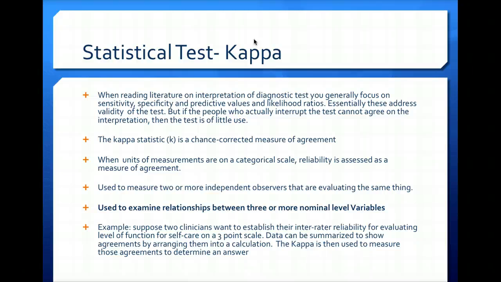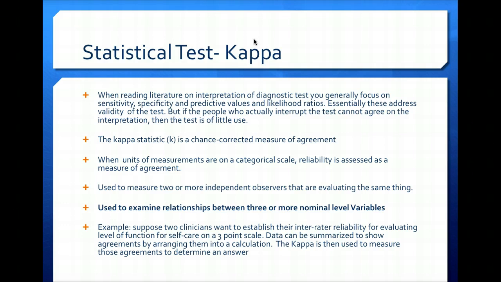But if the people who actually interpret the test cannot agree on the interpretation, then the test is of little use. So essentially, if multiple raters are getting a different interpretation for a particular measurement, like the FIM, then that FIM serves no purpose to us in our field.